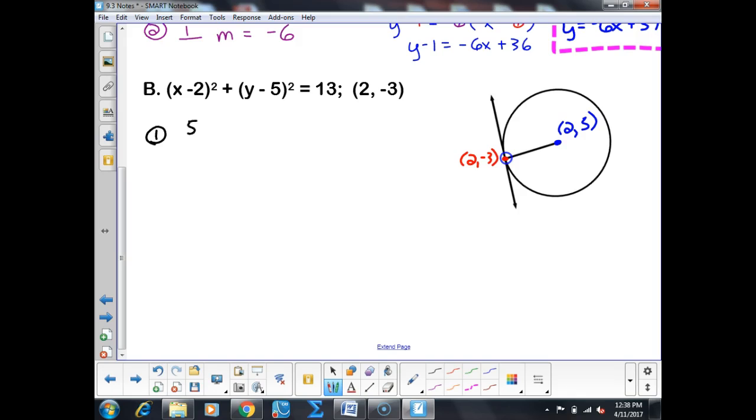So 5 minus -3 over 2 minus 2. That gives me 8 over 0. What kind of lines have 8 over 0? Vertical lines, because it's an undefined slope, so that means it's a vertical line.